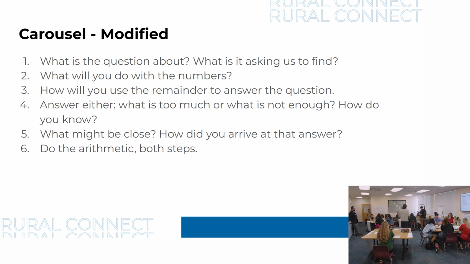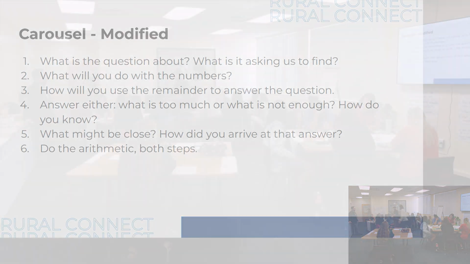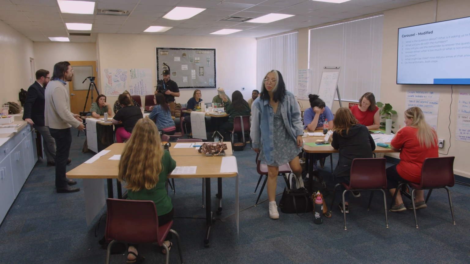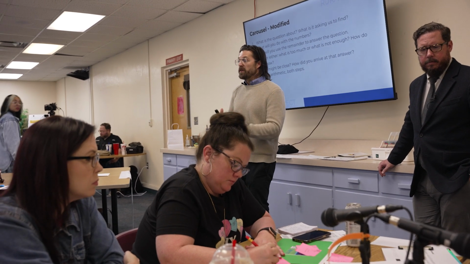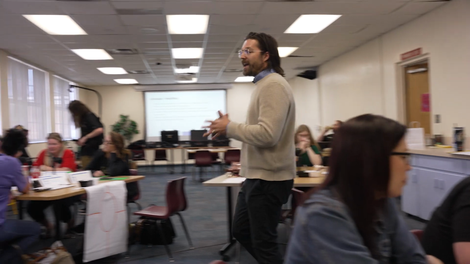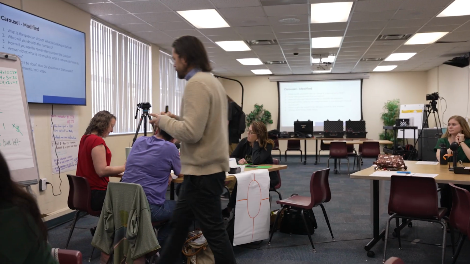Do whatever that first step is, and then go ahead and do the division. You don't have to use this strategy and model that we reviewed earlier, but you can if you want. I would encourage you. It helps to stay organized, helps to use what we know. We've already been doing some estimates and thinking about multiplication, so it will be helpful. But go ahead and do the arithmetic, both steps.